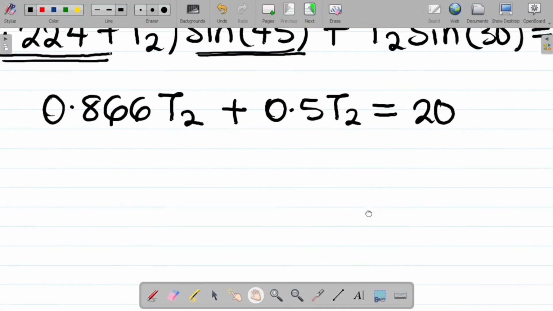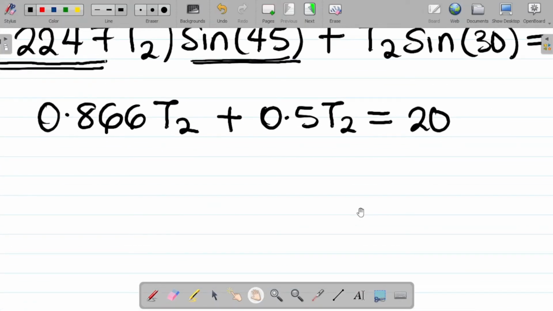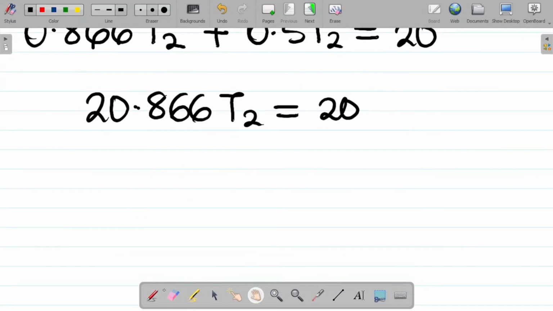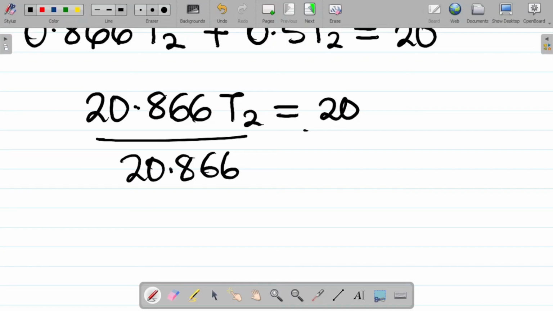All right, so let's work on this. 0.866 plus 0.5 gives about 1.366, so I have 1.366 T2 equal to 20. Let's get the value of T2. To get T2, I'll divide both sides by 1.366, so this cancels this.